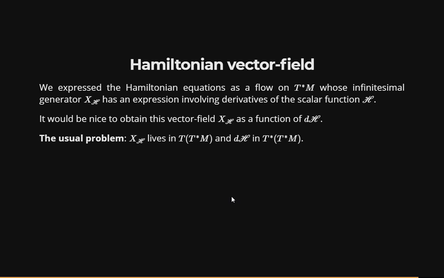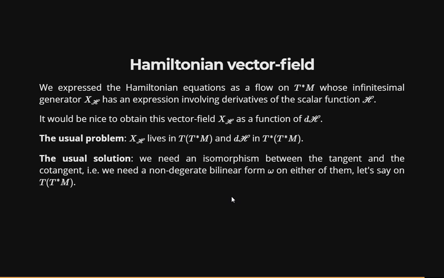The usual problem is that the vector field is in the tangent and the differential is in the cotangent. This time in the tangent and the cotangent of the cotangent, but it's always the same thing. Look back at when we discussed this problem when we introduced the metric. The vector field and the differential form are in two spaces which are one dual of the other.